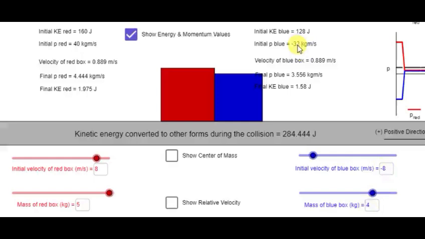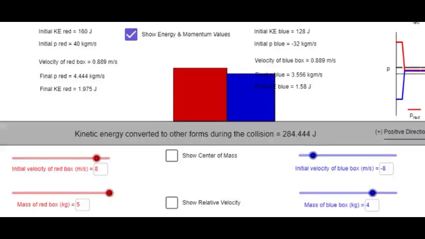Even if we ignore the negative, because it basically shows the direction, you see 32 is less than 40, meaning even when they collide, red is more powerful than blue, so red will push blue. That's why after they have collided, we see red pushing blue. That has shown us what we call elastic and inelastic collisions.